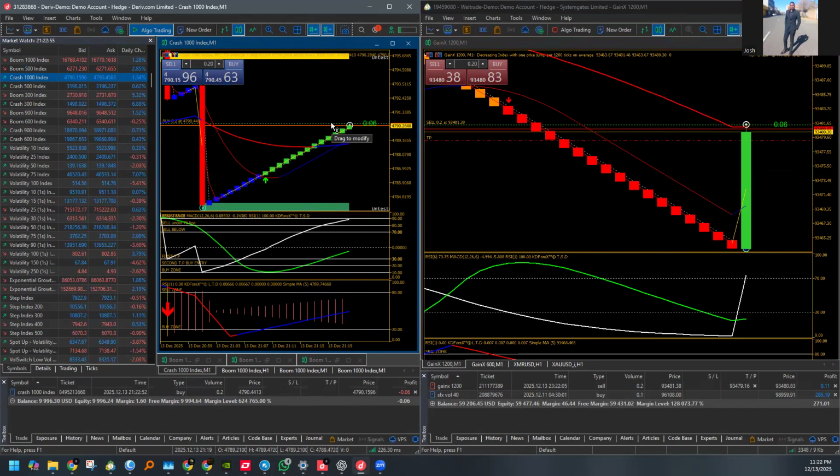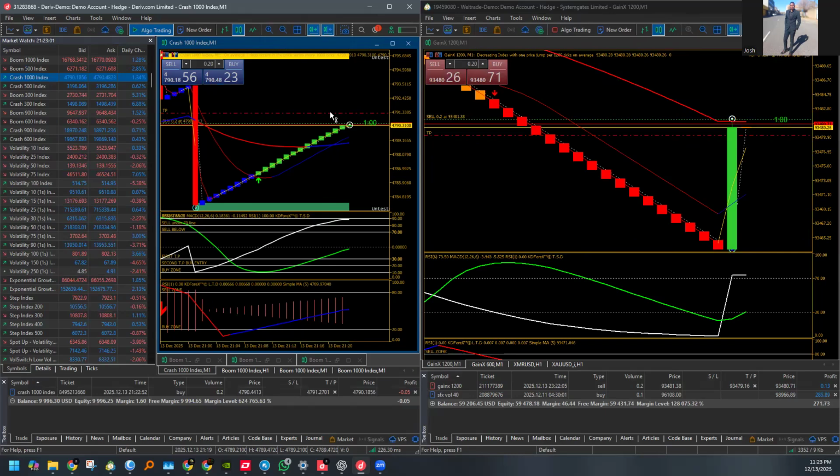So Crash seems like this is just a waste of time. It's even worse for you to see profit. From that point to that point, it's even worse. So these are pairs to avoid also.